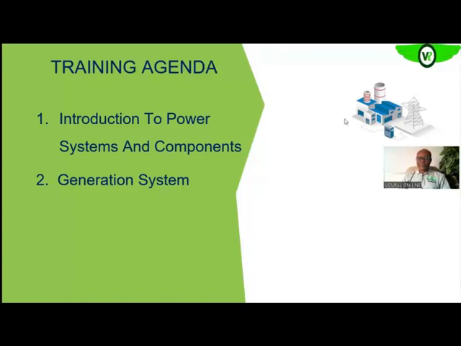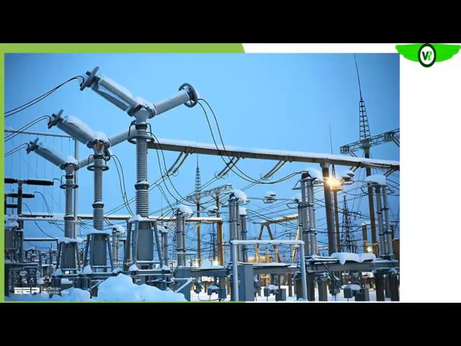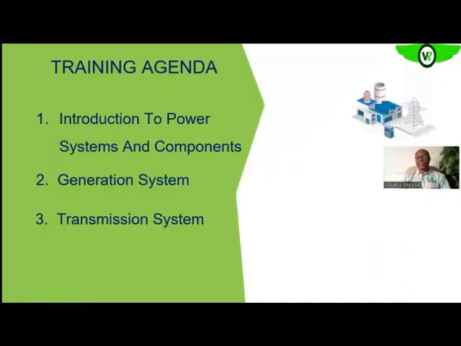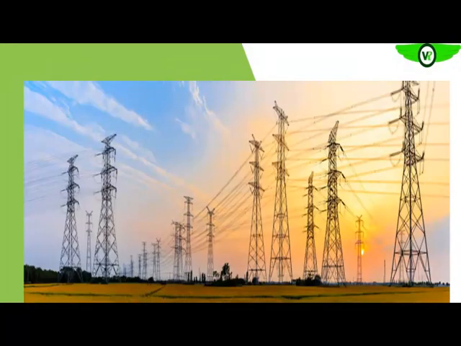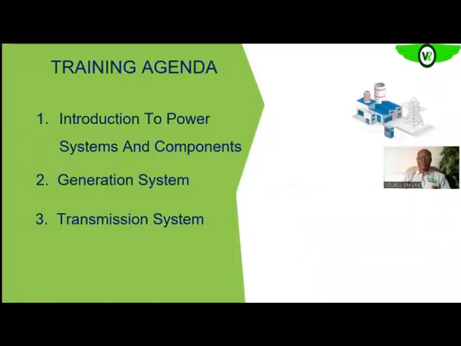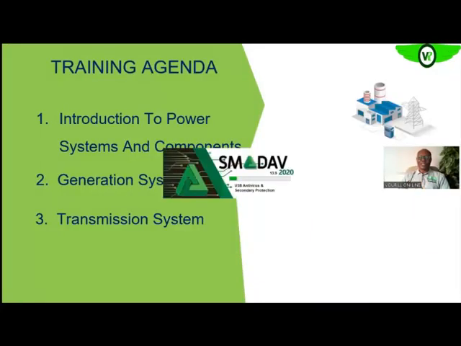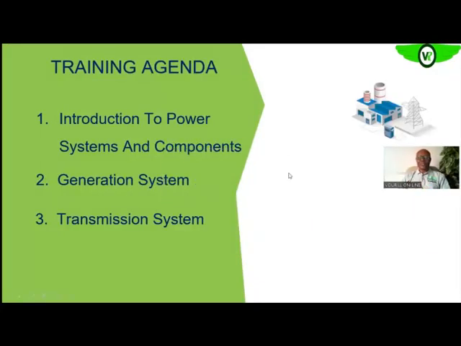Then we will also see the second section of the power system, which is the transmission section, because whatever is produced or generated at the generation station must be evacuated to your point of utilization. So we are going to see the transmission system components, as in the equipment that you find there.